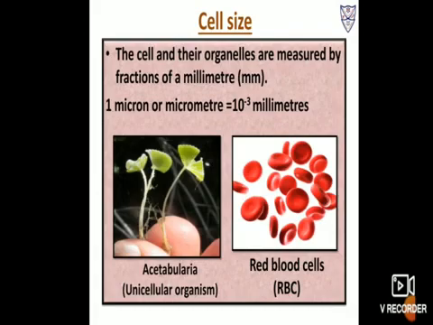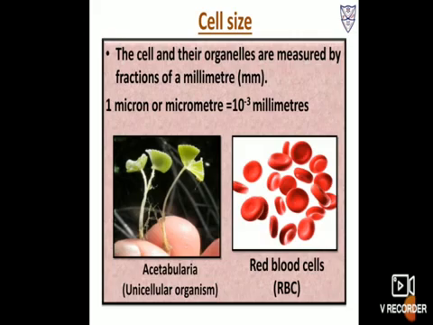Now students, let us discuss cell size. The cells and their parts are measured by fractions of a millimeter, that is mm. 1,000th of a millimeter is called a micron or micrometer. 1 micron or micrometer is equal to 10 to the power minus 3 millimeters. Most of the cells are microscopic in size and are not visible to the naked eye.